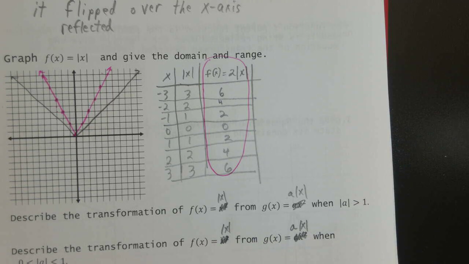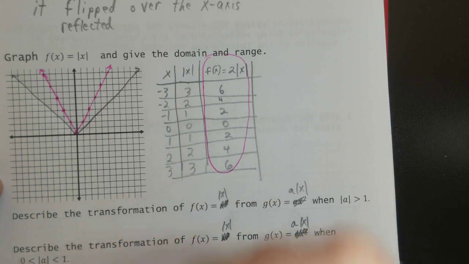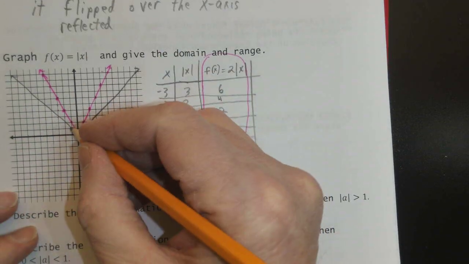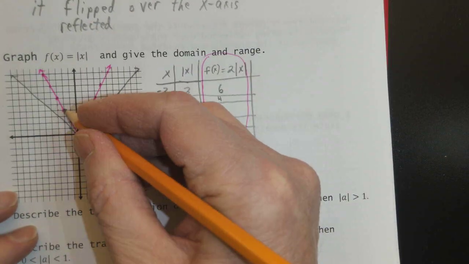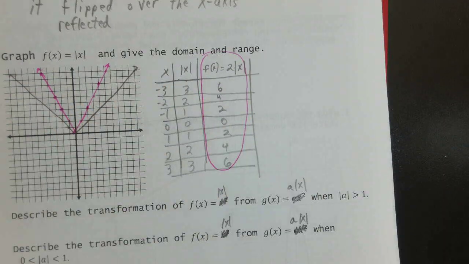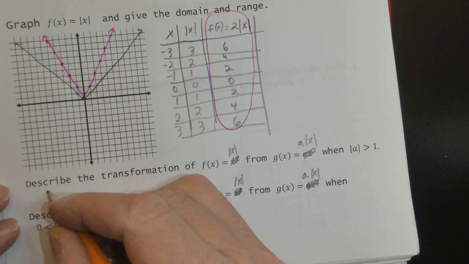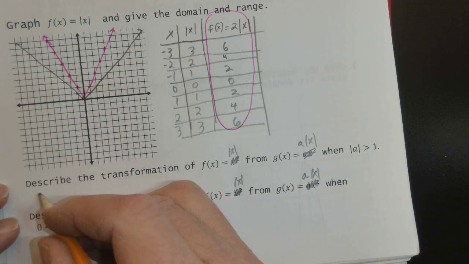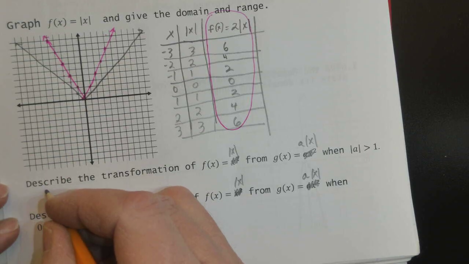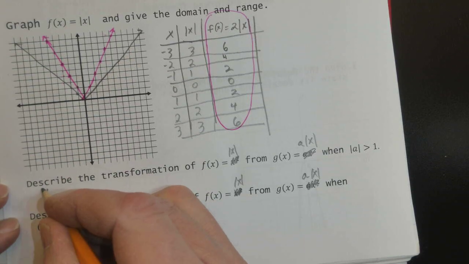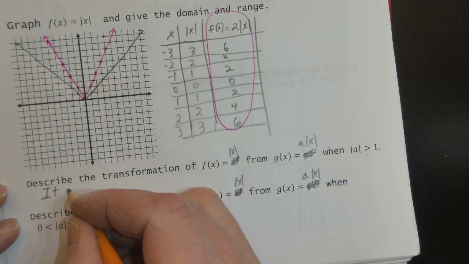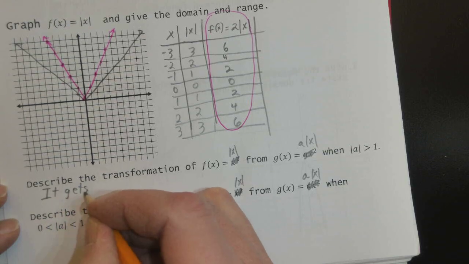It did get narrower. Okay, what's actually happening, this point and this point correspond, this one and this one. Do you see how it's stretching? When we're stretching it, it makes it narrower. Okay. So it got narrower, and we're going to say it gets narrower.